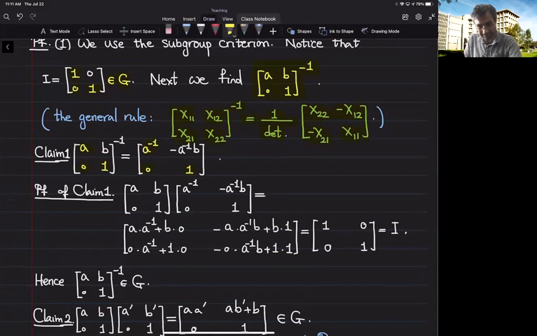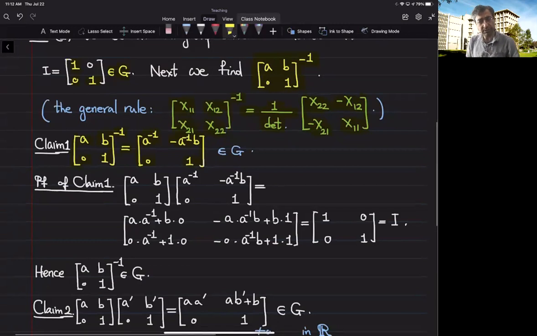It doesn't change the fact that it is 0. And then I need to multiply this guy by negative and multiply by 1 over the determinant. So altogether, we get that the inverse of this matrix is equal to this matrix. And as you can see, it does belong to the group G, because this entry is 0, this entry is 1, and this entry is not 0.